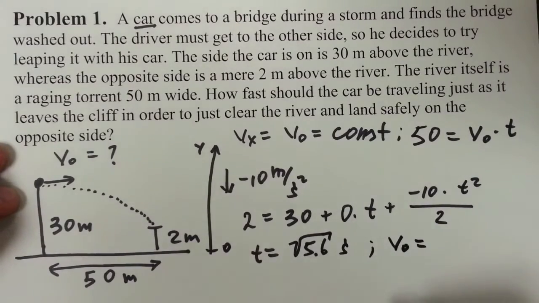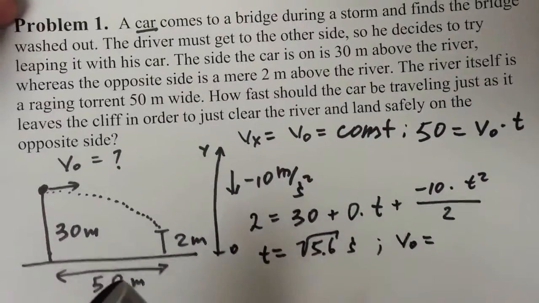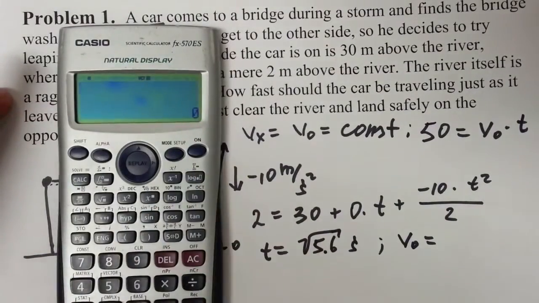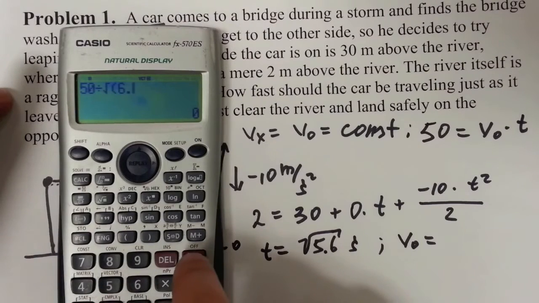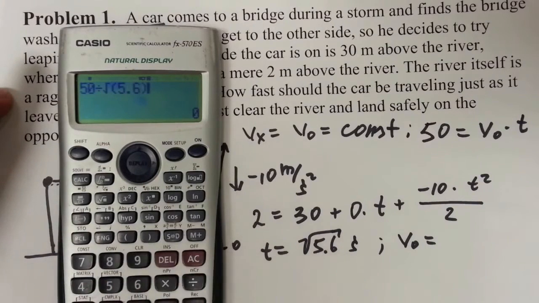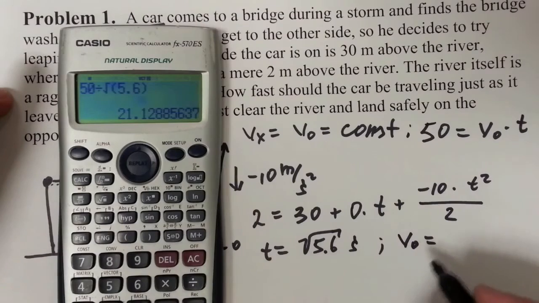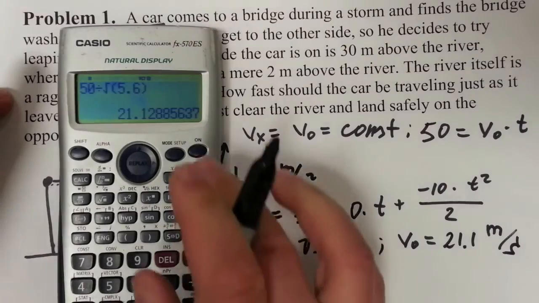So the initial speed is equal to 50 divided by square root of 5.6 equals 21.1. Done.